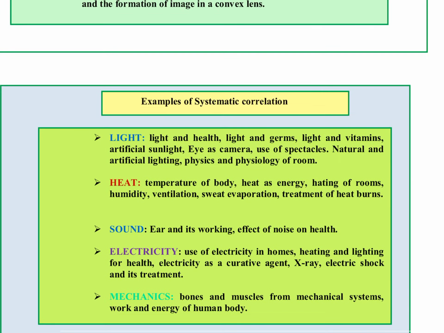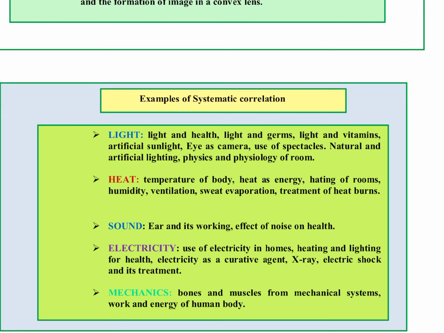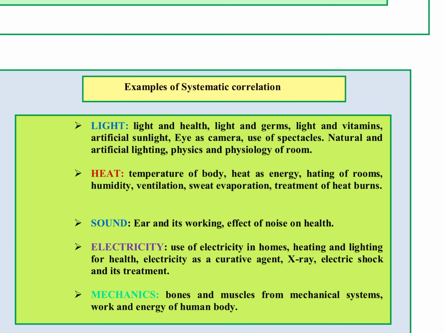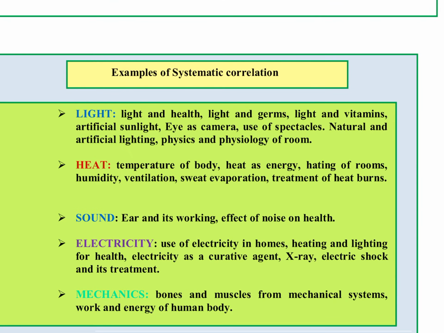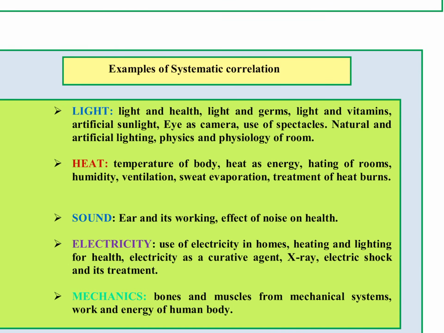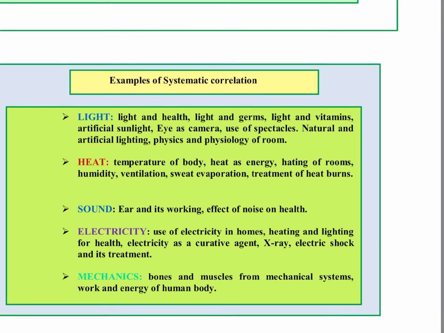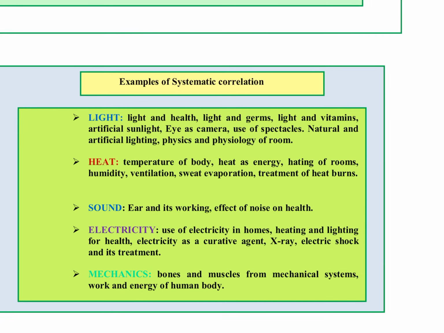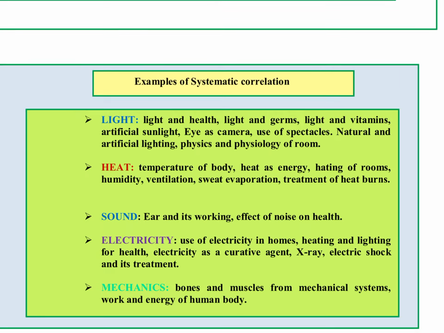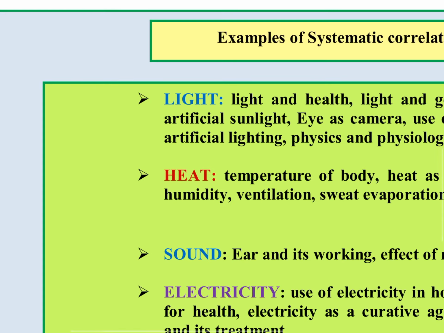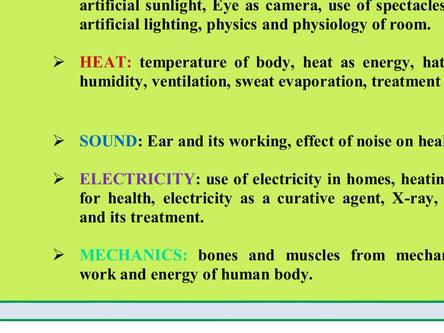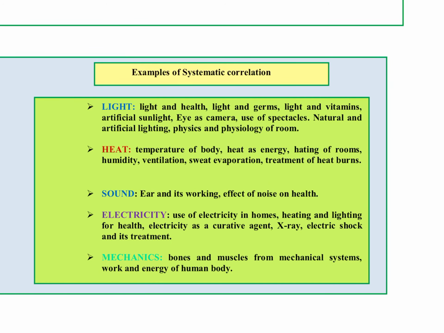Okay, now let us see some examples to make this correlation part very clear. The example of systematic correlation: some of the chapters in physics, for example, light, heat, sound, electricity, mechanics.